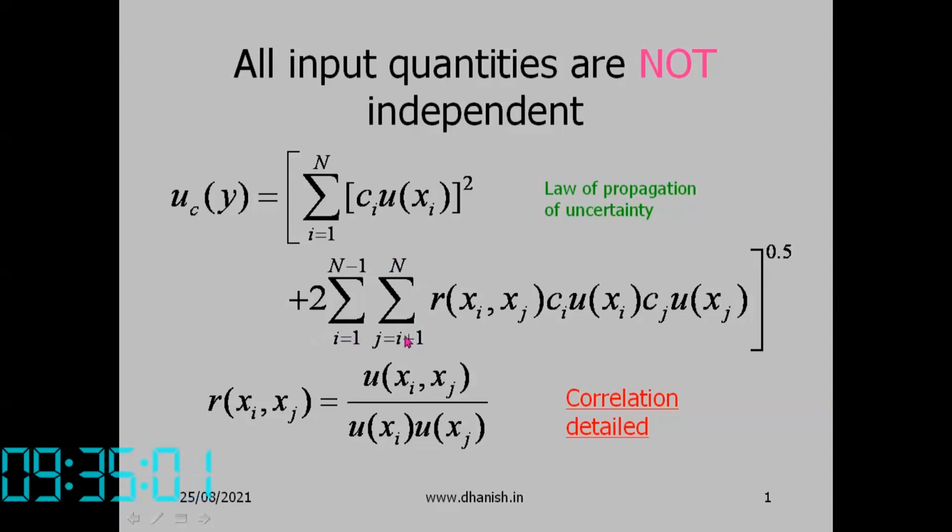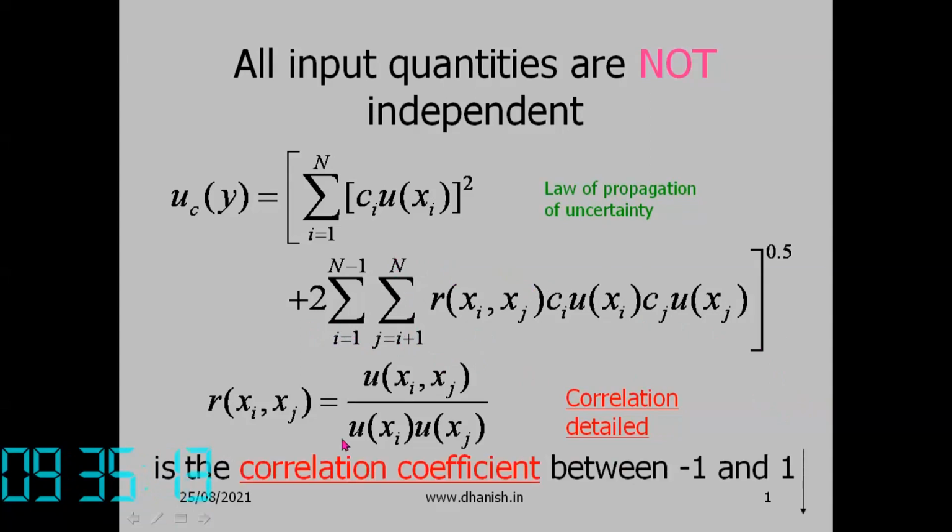Then i equal to 2, j will be 3 only. So only 3 terms will be there if capital N is 3. R is the correlation coefficient, which can vary between -1 and 1. All this you would have studied in your statistics course, so I am not repeating it.